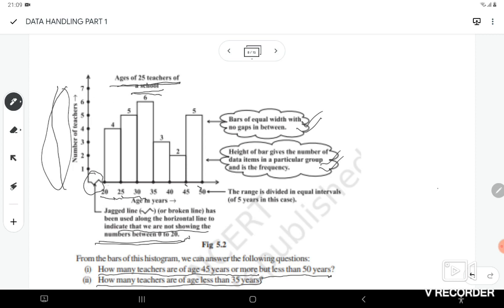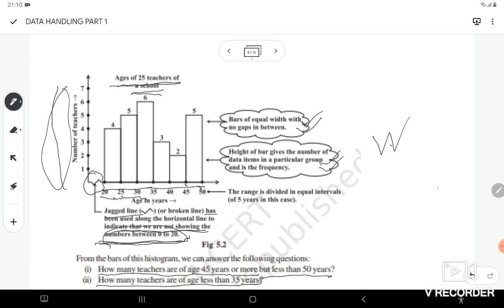From 0 to 20 you can see a kinked or jagged line, which indicates that we are not showing the numbers between 0 to 20 because mostly the age of teachers is above 20. So using this type of line we represent the ignored part. After this there is the same histogram, which is constructed using the intervals.